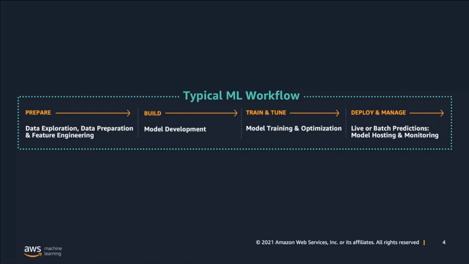Then you will have to literally script one or more models, and then using the features you prepared, you'll have to provision infrastructure to train and tune those models usually using a cluster of machines, especially if you're talking about large data sets or use cases like text and images.